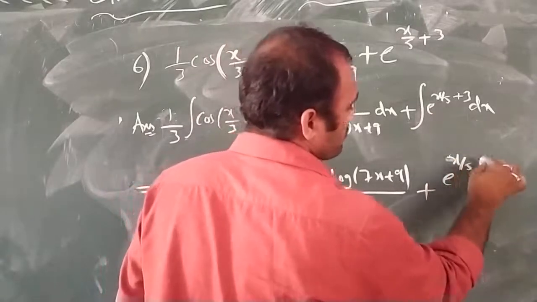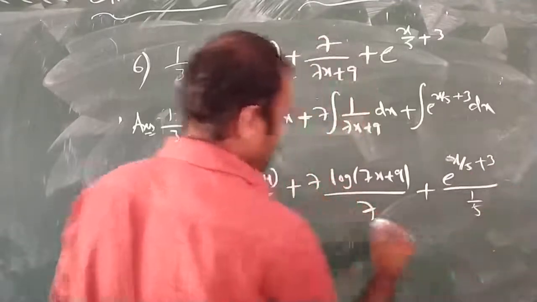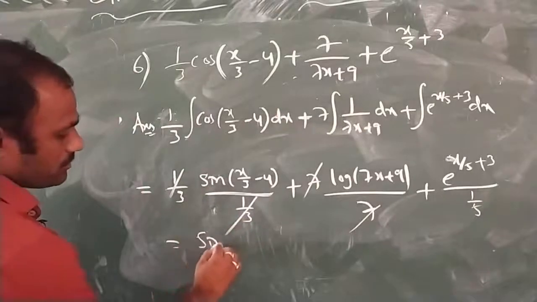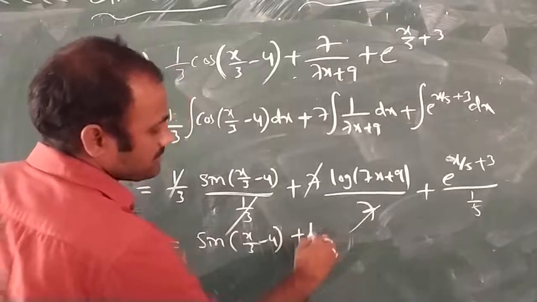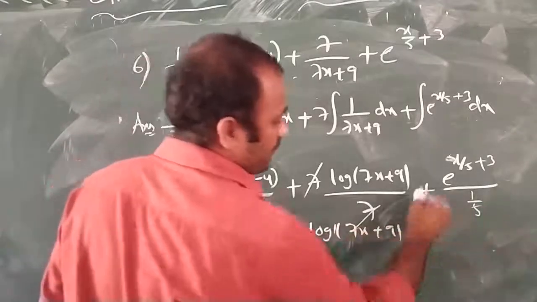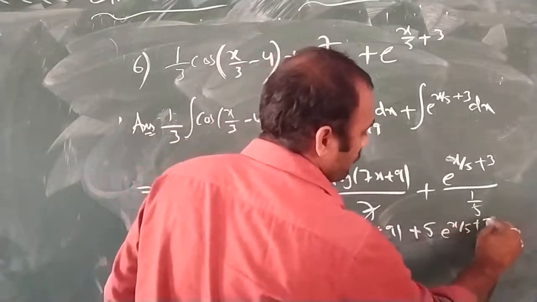E power of (x by 5 plus 3) divided by 1 by 5. So 7 gets cancelled, 1 by 3 gets cancelled. So we are left with sine of (x by 3 minus 4) plus log of 7x plus 9. This 5 will go in the numerator: plus 5 into e to the power of (x by 5 plus 3).